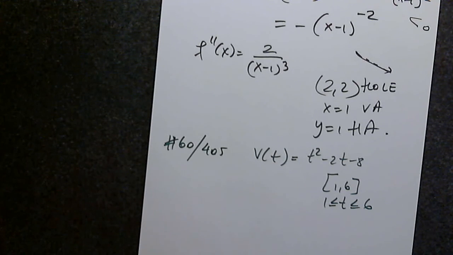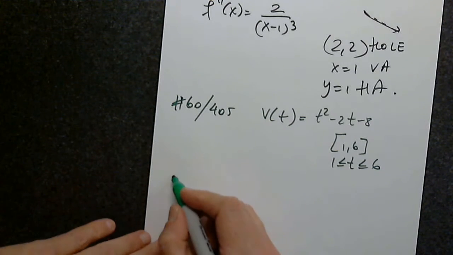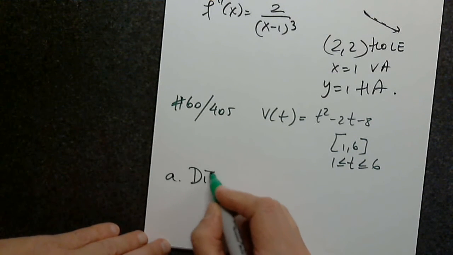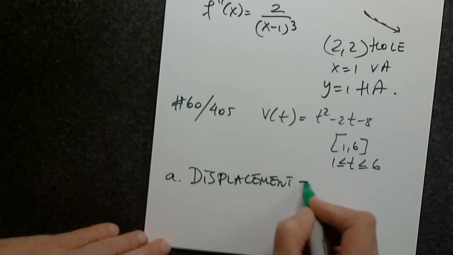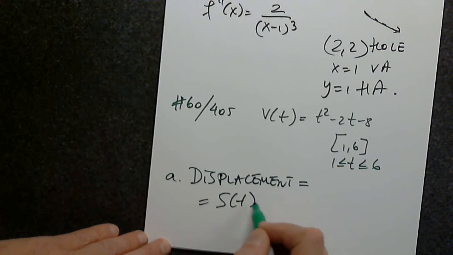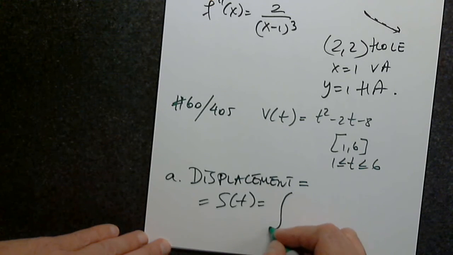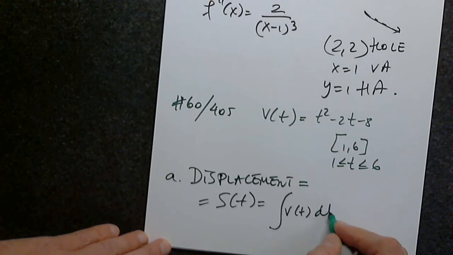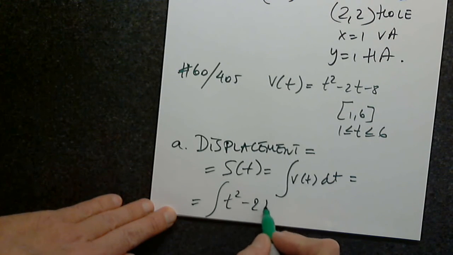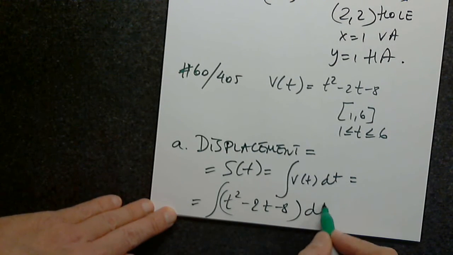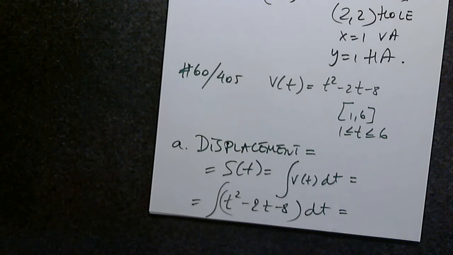And we are asked part A. Part A is the displacement, in other words s of t, the indefinite integral of v of t dt, in other words the integral of t squared minus 2t minus 8 dt, which is the most general antiderivative of function v of t.